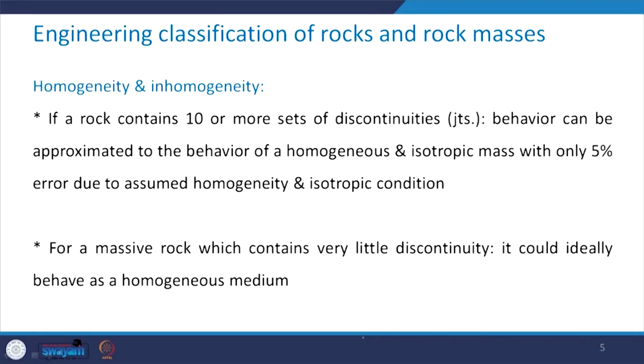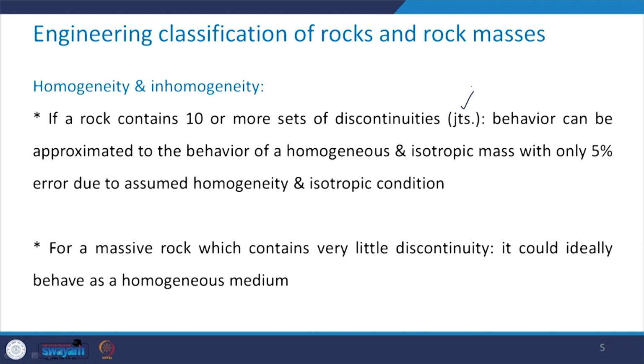Now, before I go further, let us first take a look at the concept of homogeneity and inhomogeneity in context of rocks. This is very interesting. If a rock contains 10 or more sets of discontinuities or joints, then its behavior can be approximated to that of a homogeneous and isotropic mass, and there is going to be an error of only 5% because of this assumed homogeneity and isotropic condition.